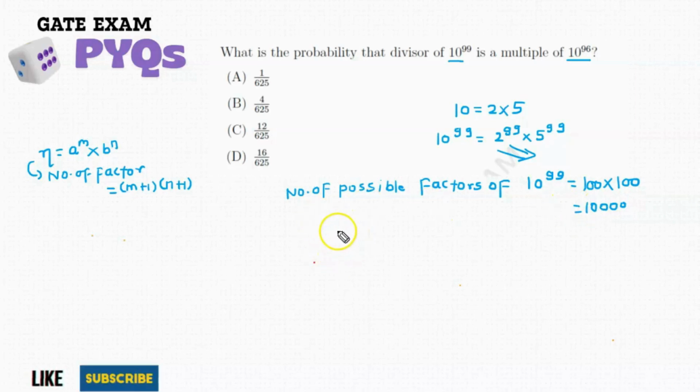And also we need that 10 raised to 99 is a multiple of 10 raised to 96. So we can write it as 10 raised to 96 times 10 raised to 3. Correct.